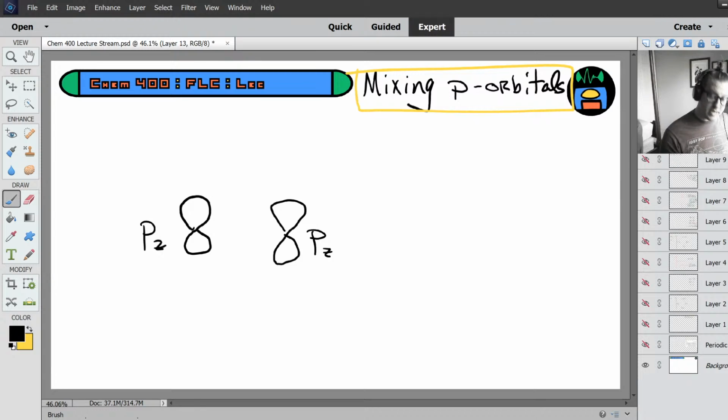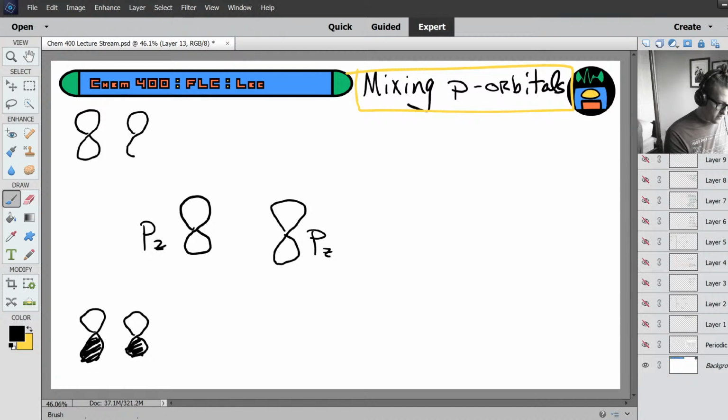Now, the two ways you can mix pz are, you can either have them in phase, like so, or you can mix them when they are out of phase, like so. And as we saw before, now with pz, this is indirect orbital overlap, so we're not making sigma bonds. Indirect orbital overlap makes pi bonds.